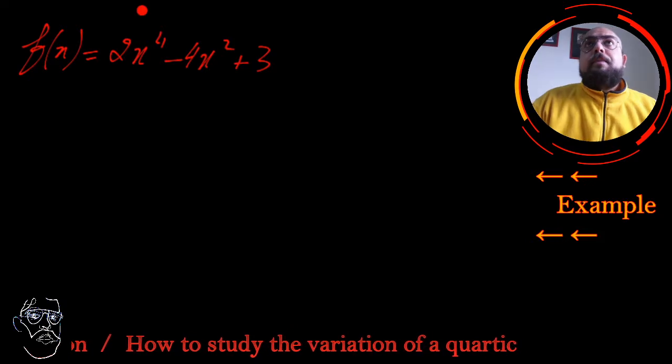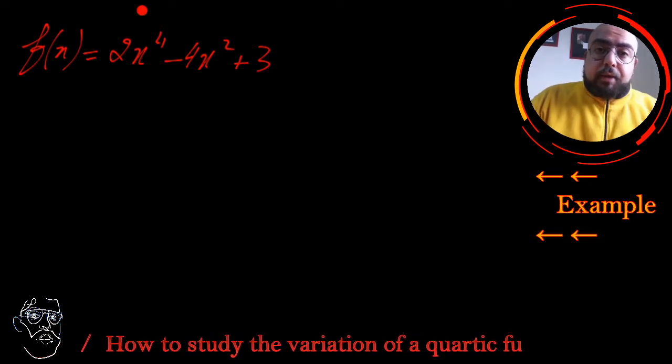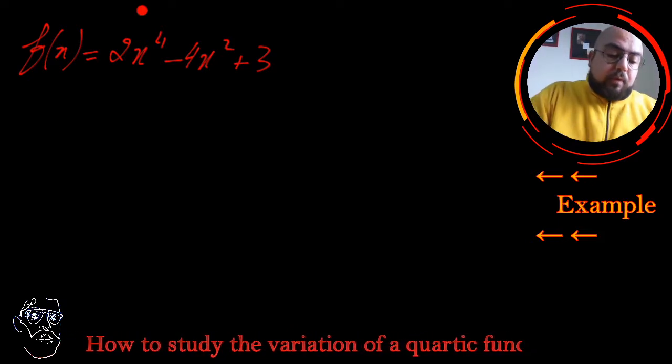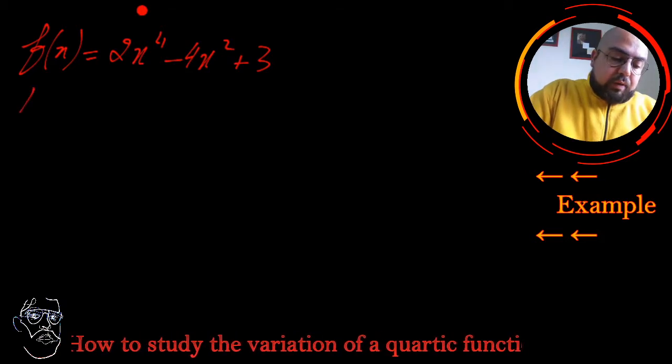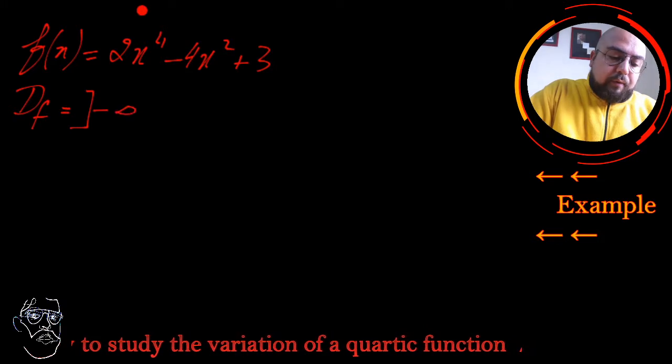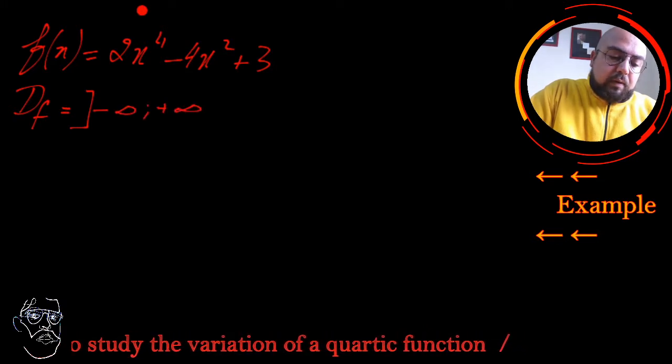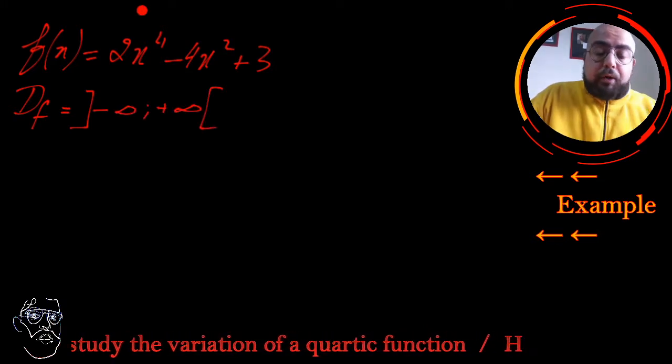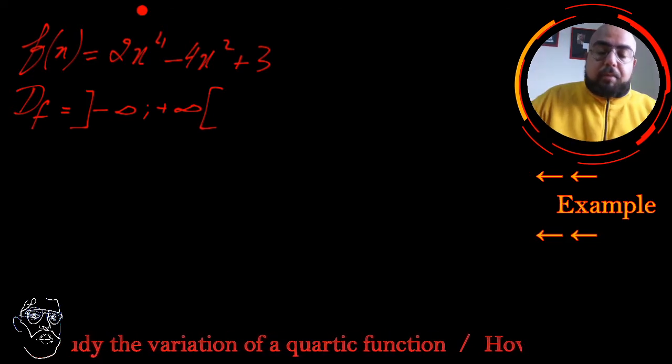So this is the function. The first thing that you should be doing is to define your domain of definition. So Df is equal to the interval going from minus infinity to plus infinity, since it's a polynomial, so it's the whole real numbers.